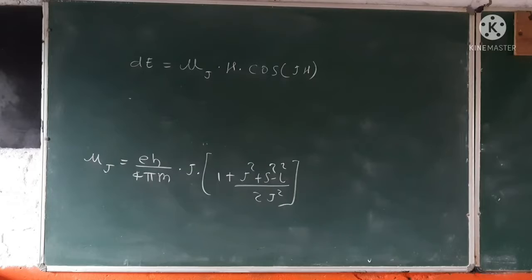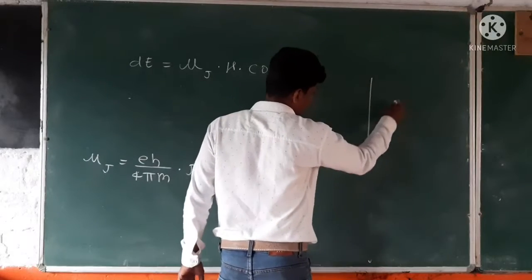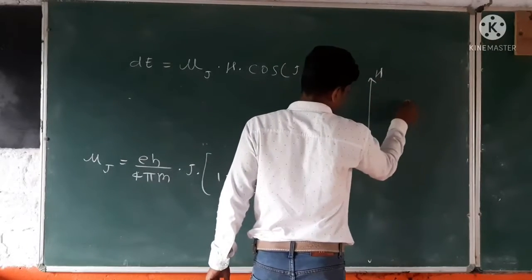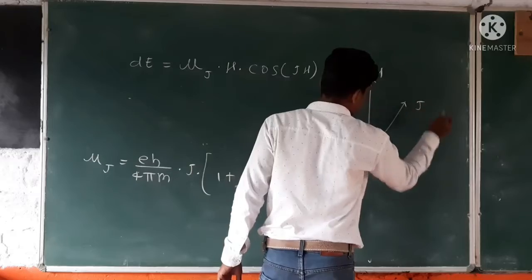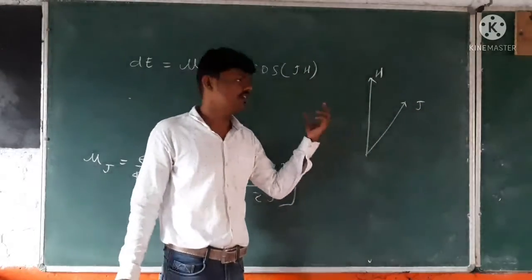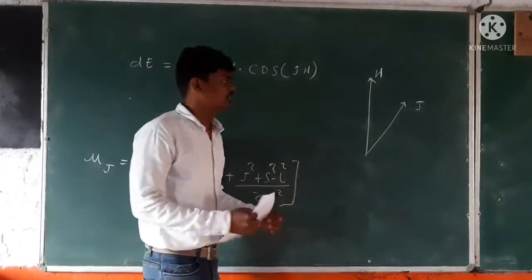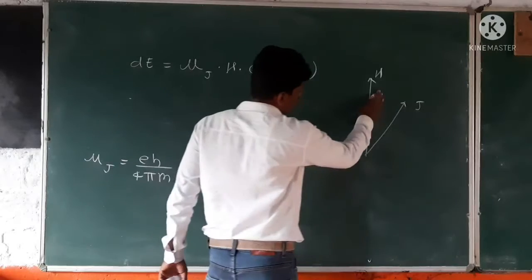Now we know that J precesses around H, it has space quantization. That means it has certain values, certain orientations only to revolve around H. That means these are the discrete orientations.